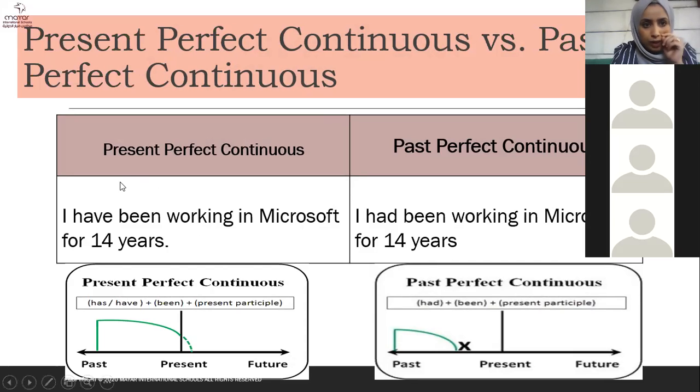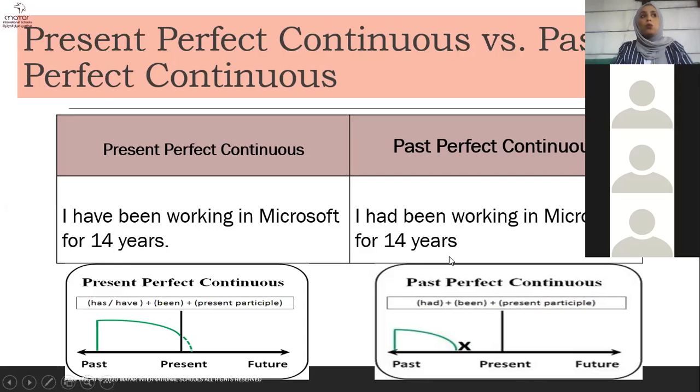Let's see together. The present perfect continuous says, I have been working in Microsoft for 14 years. Now the past perfect continuous, same thing, but I had been working in Microsoft for 14 years.